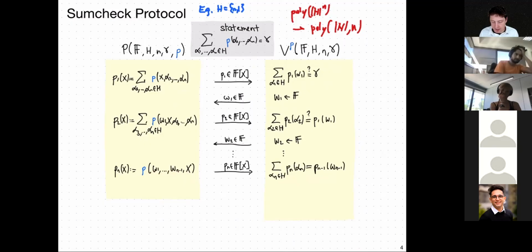And now, finally, the verifier can check, by sampling the last variable, that this last polynomial that was sent, Pn evaluated at omega n, truly is the original polynomial evaluated at omega 1, omega 2, all the way up to omega n. This is the one time the verifier actually has to query P. It only has to access it at a random point, the point omega 1 through omega n.